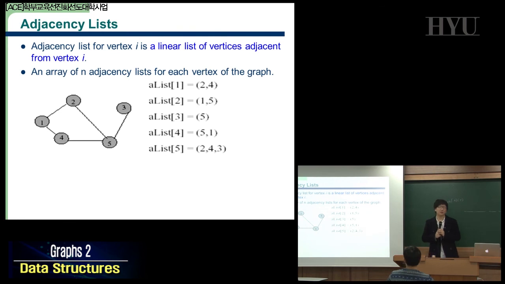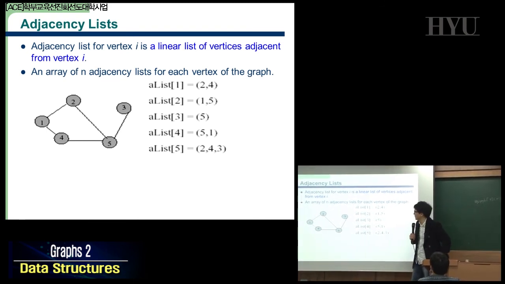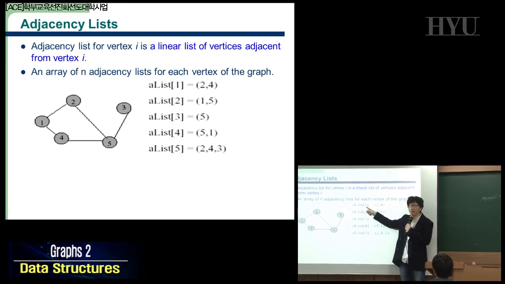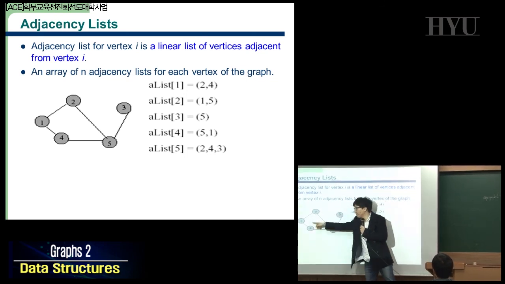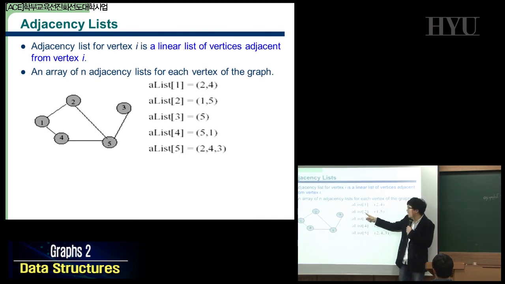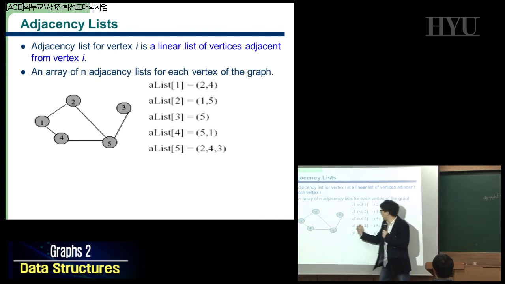Usually when you try to minimize the space complexity, you make use of a linked list, right? Linked list. So this is the same thing. From node 1, you have your neighbors 2 and 4. Node 2, you have neighbors 1 and 5.